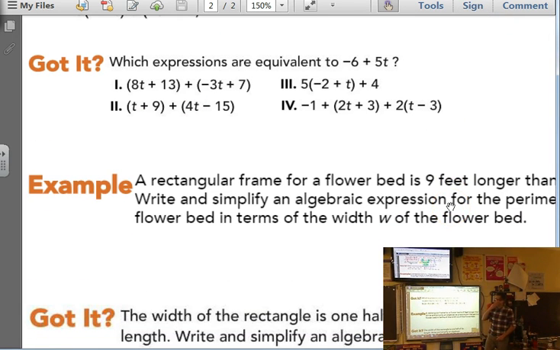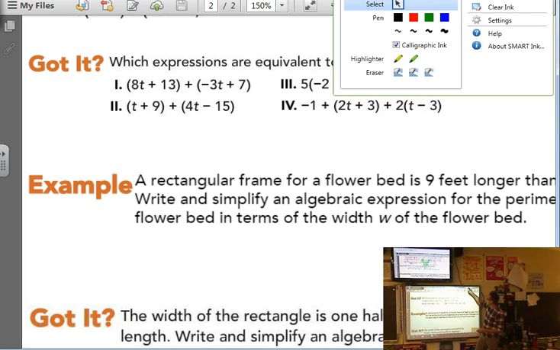So which expressions are equivalent to our negative 6 plus 5t? I want you to go through and check each one, how the variables would combine, how the constants would combine. I'm going to give you a minute to do this. I'm going to color code up here because that's how I think.